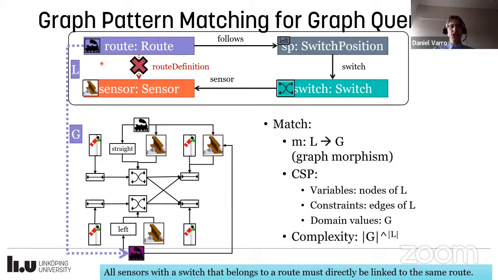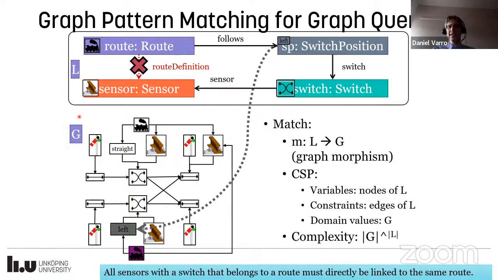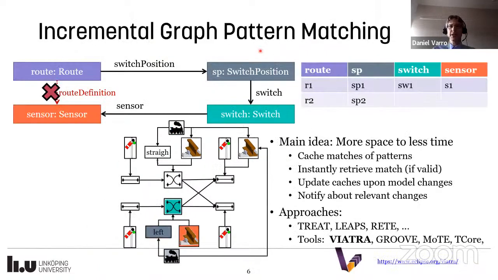And then during the matching, you wish to find a match of each node. You can call them variables of your problem, in a way that the constraints, which constitute the edges of the pattern graph, are also respected in a type compliant way. So these are practically what I would consider domain specifications for graph generation.